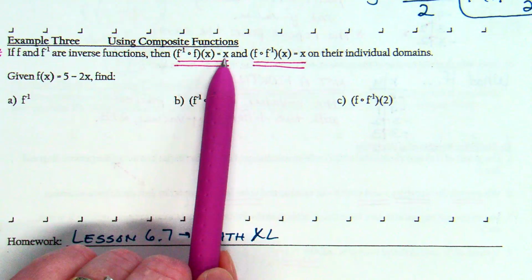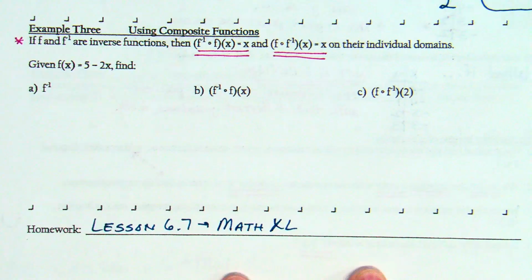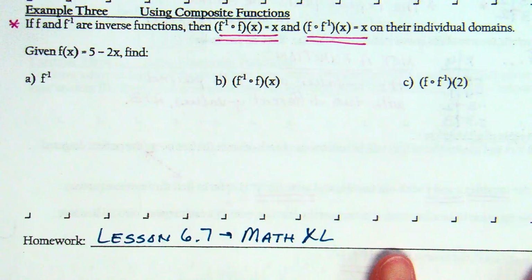Part A asks us to find f inverse. Do we know how to find f inverse? Didn't we just do that on the 4 examples above? Yeah. Now, I might need to state, to help us out, f of x equals 5 minus 2x. What do you know f of x is? F of x is equivalent in the original problem to y, correct?